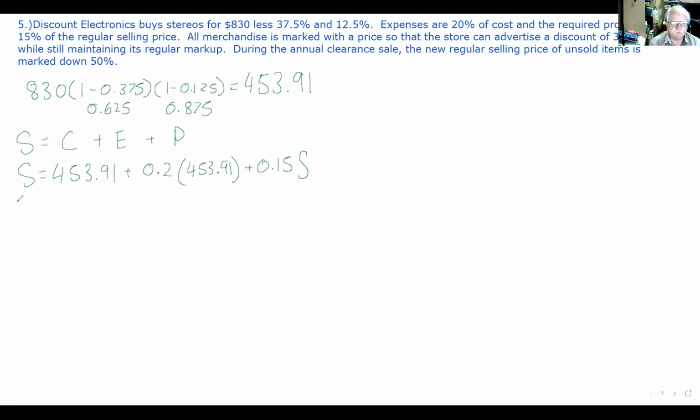So this has to leap over here, S minus 0.15 S.